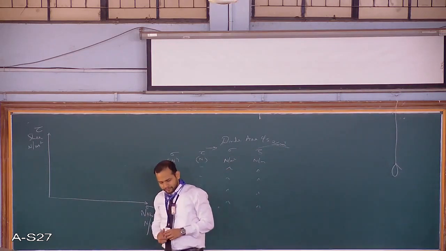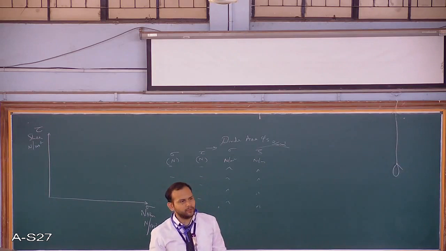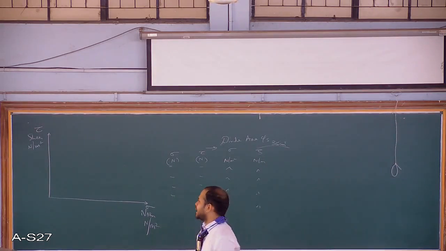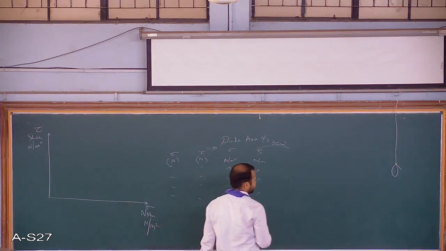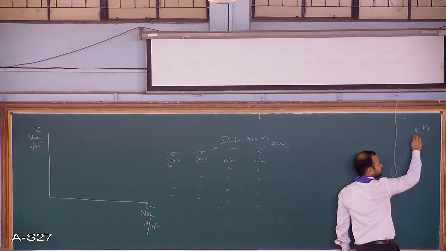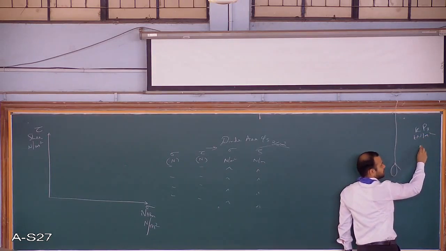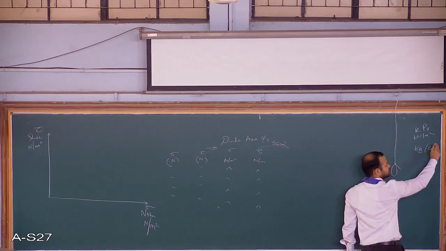See, there are two units which are used. Either it is kPa, very standard for soil mechanics, kilopascal, which is kilonewton per meter square, or also sometimes it is kgs per centimeter square.